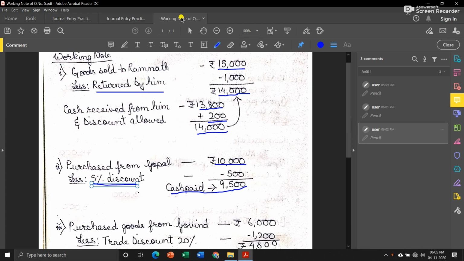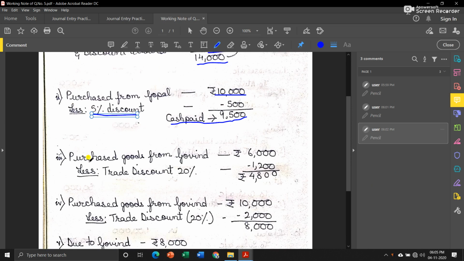Now let us see working note. We purchase goods from Govind worth rupees 6,000. It is given in the question. Then they said that trade discount of 20% is there. So we will find out 20% of this 6,000. It is 1,200. That means we have to write 4,800 in our books as we are not supposed to record trade discount.